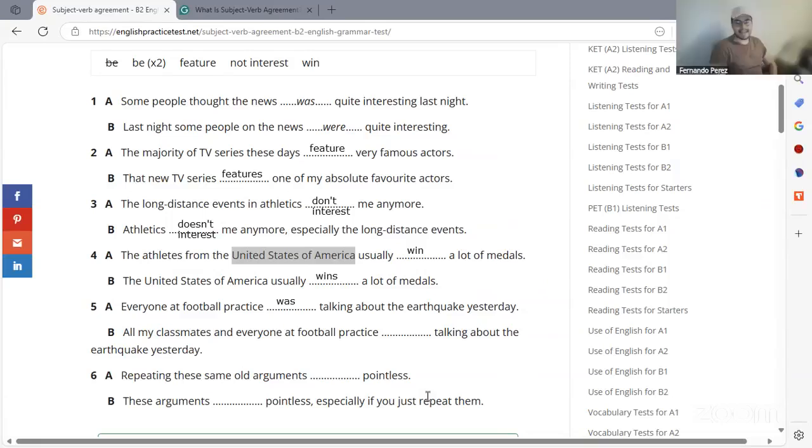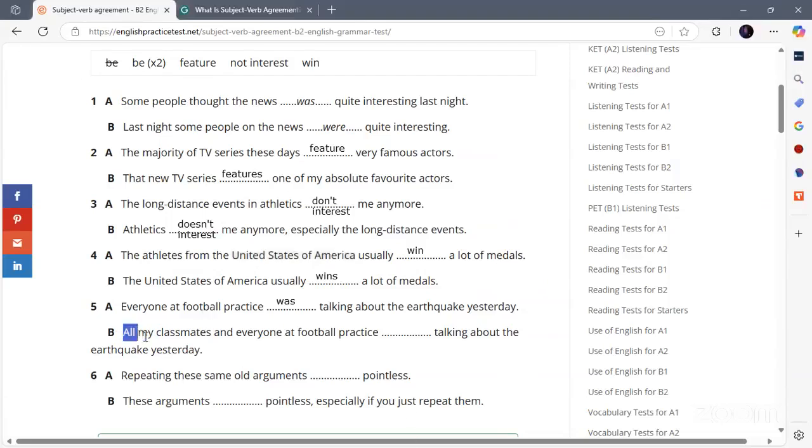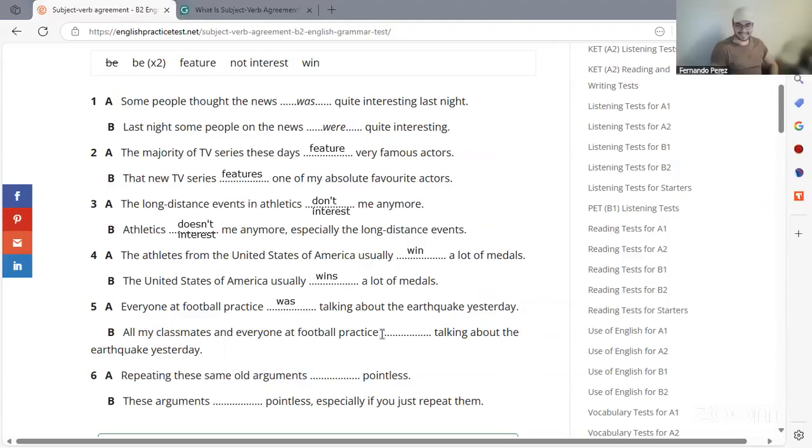With and works sometimes with phrases, but here that's not the rule. Actually, it's the word all that's the important part. All my classmates and everyone at football practice were talking about the airplane.